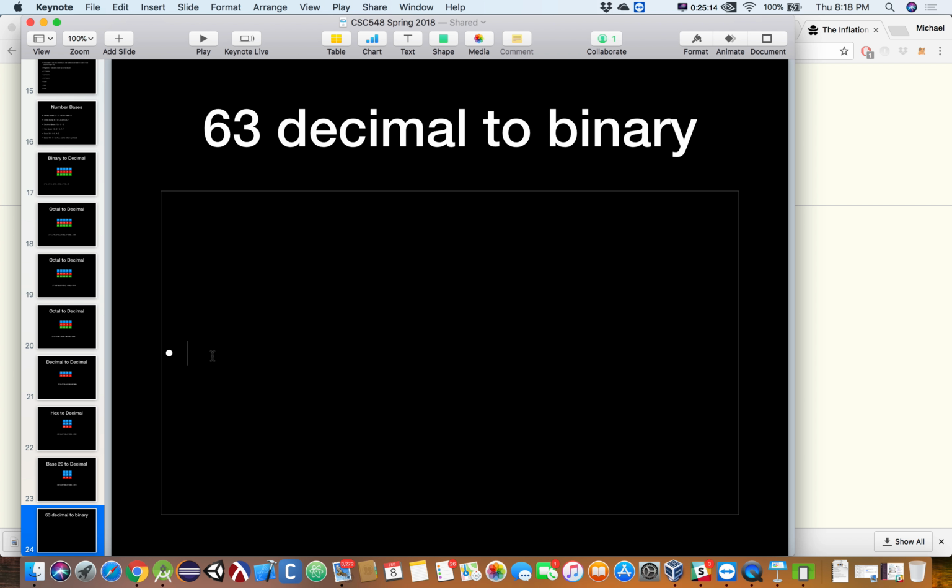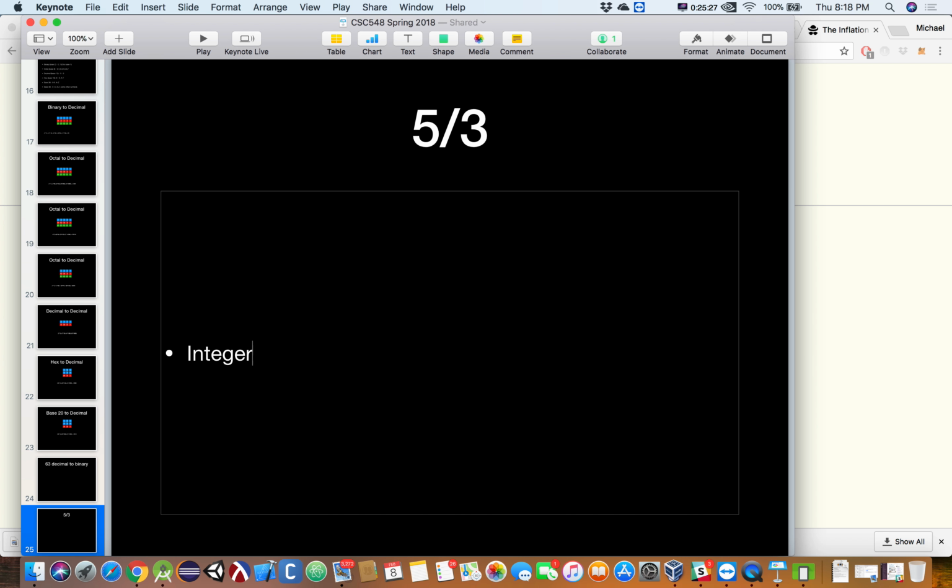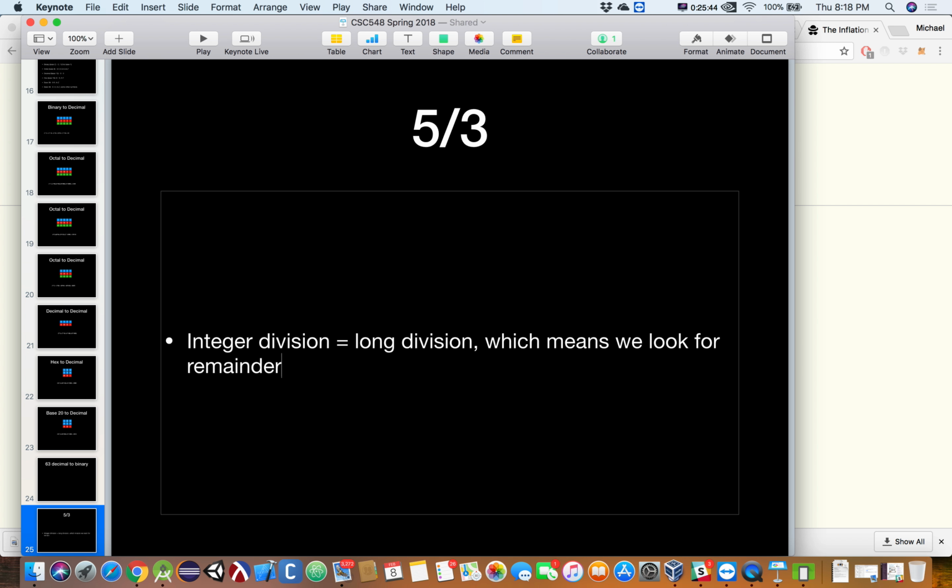Okay, long division, like in third grade, right? So if you have a number like 5 divided by 3, we call this integer division, like we were talking about earlier. Okay, so you were running into integer division issues on the homework. So integer division is the same thing as long division, which means we look for remainders.